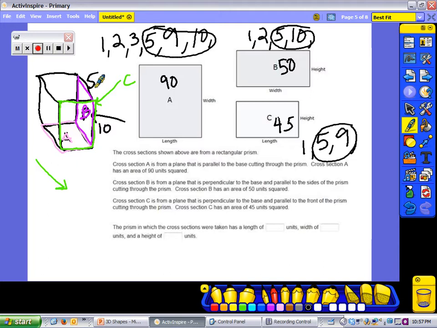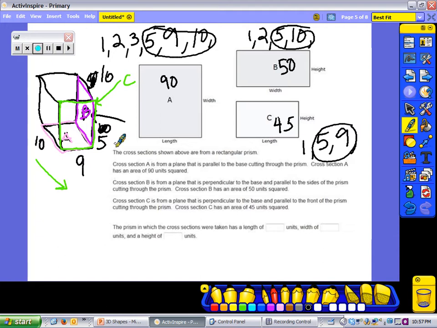Well, it doesn't. It doesn't work out with the front measurement. So let's swap those, 10 and 5. And the front measurement, I'm going to make it 9 here. And so that leaves 10 as my measurement for the bottom there.